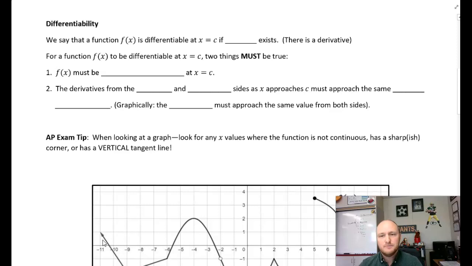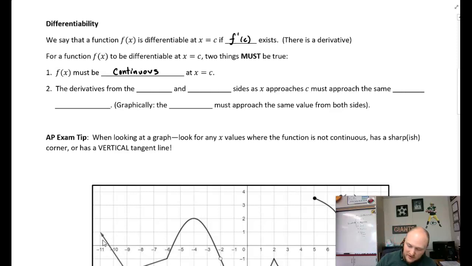So, differentiable. We say that a function f of x is differentiable at x equals c if f prime of c exists, i.e. there must be a derivative. Now for a function to be differentiable at x equals c, two things must be true. The function must be continuous at x equals c.